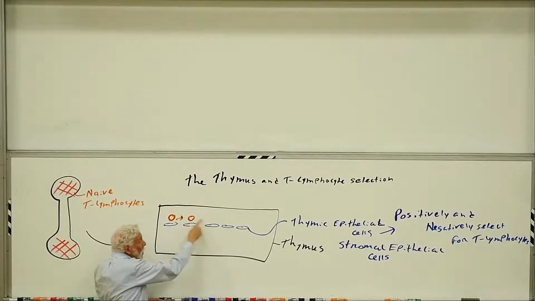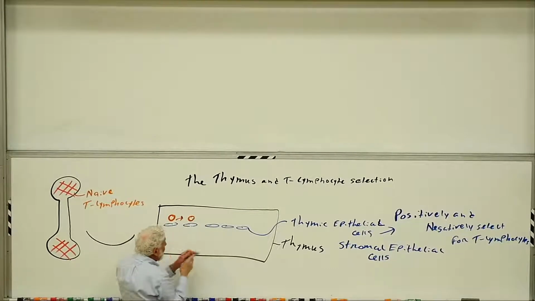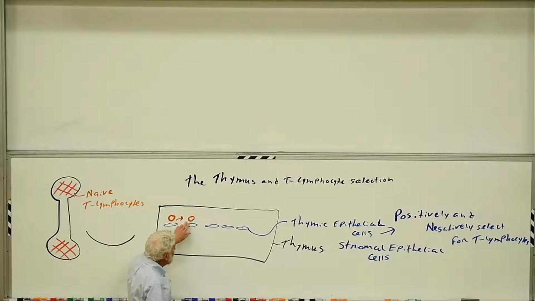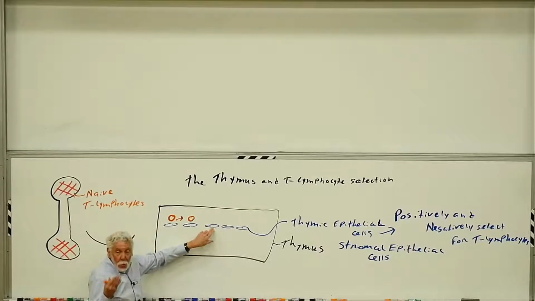This cell will be passed from cell to cell to cell, and each cell will have different proteins on its surface, testing whether or not this naive T cell can recognize those proteins. And those proteins are a whole panoply of proteins that are expressed in cells throughout our body.